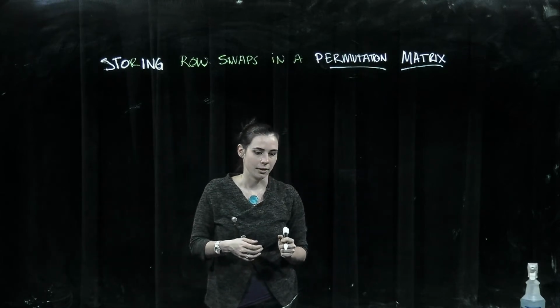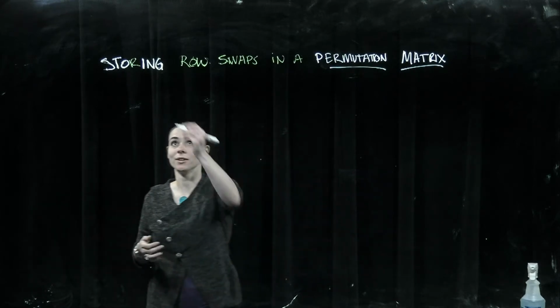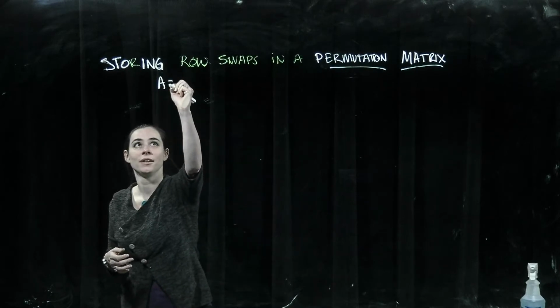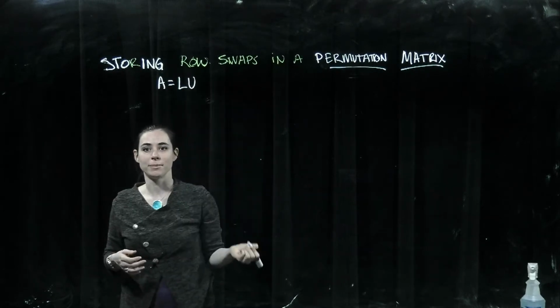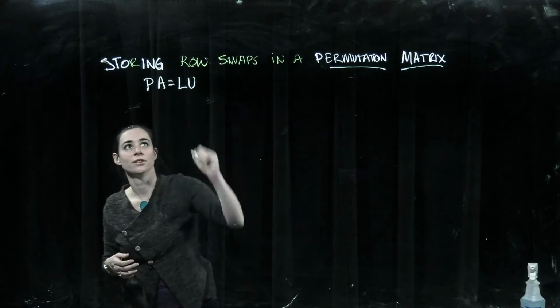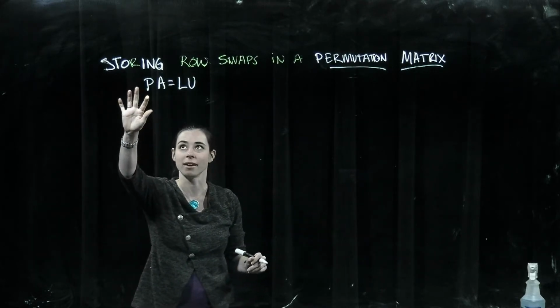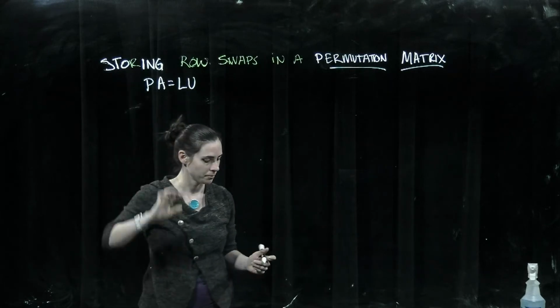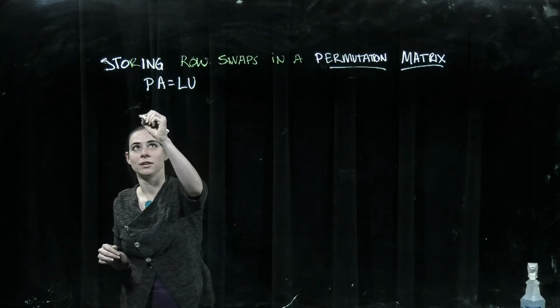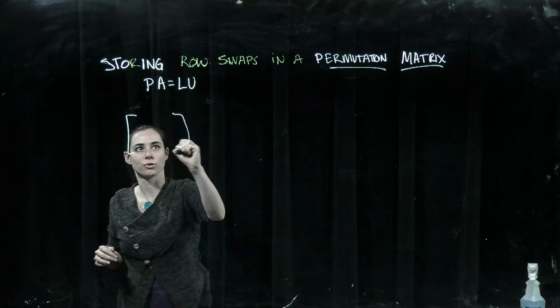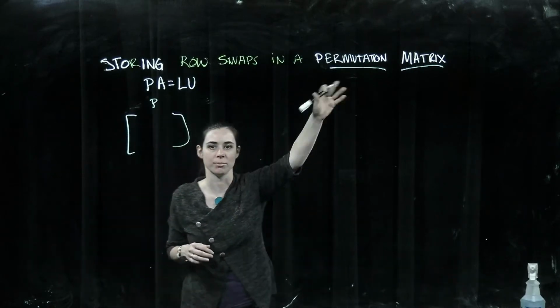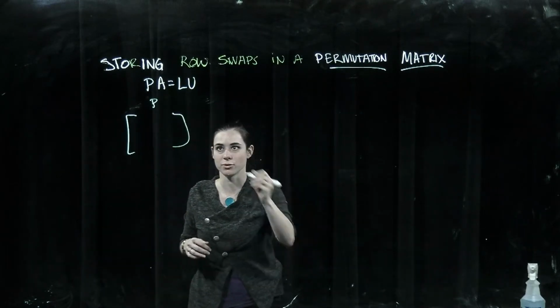At the end we said, okay, if we have this decomposition, we also need to keep track of those swaps that we make in a permutation matrix. So I'm going to create this matrix P, which is called my permutation matrix, that keeps track of those swaps.